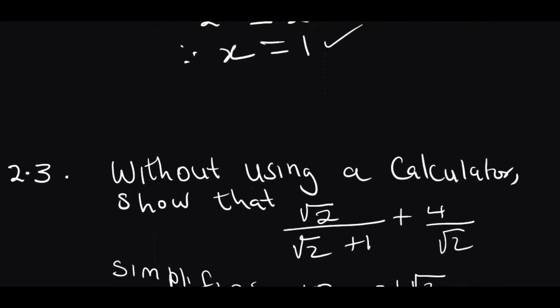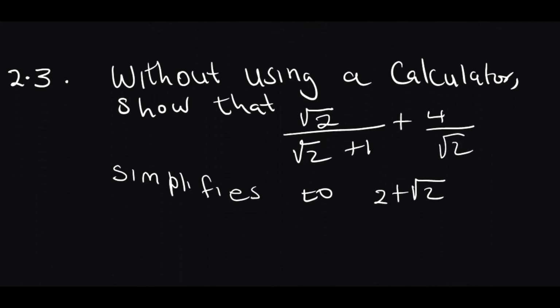Now, let us move on to 2.3. Without using a calculator, show that the following simplifies to 2 plus square root 2. Right. Let us start.